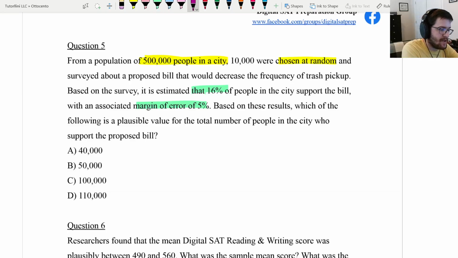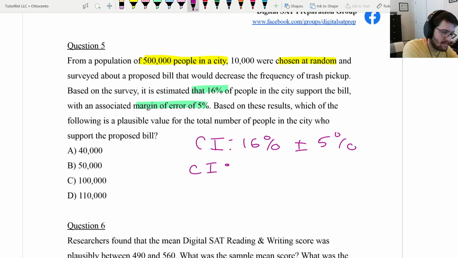Okay, so we're going to do the confidence interval: 16% plus or minus 5%, which is 11% to 21%.